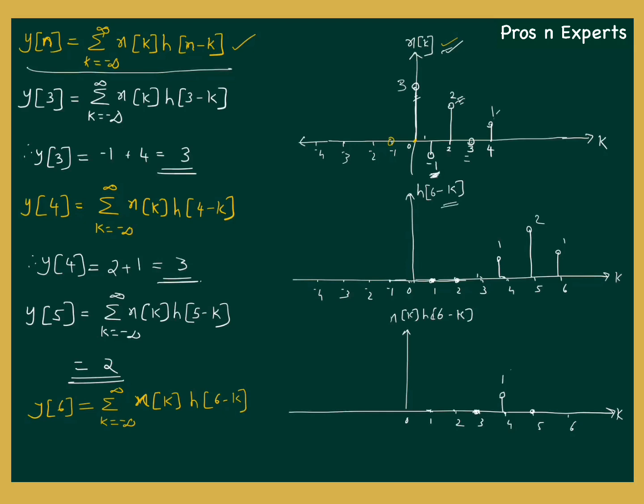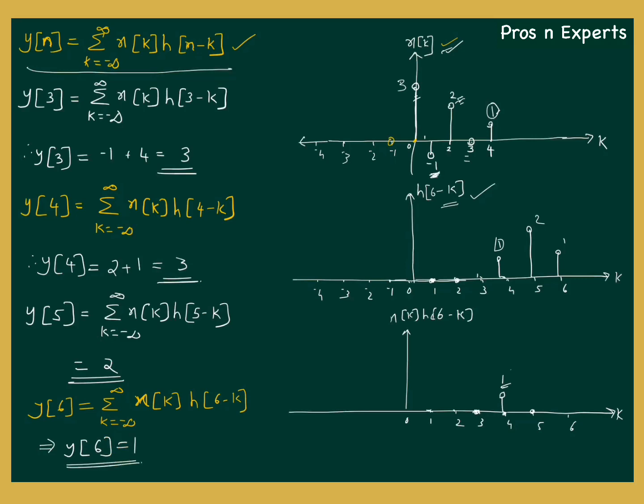X of k, then h of 6 minus k is obtained by shifting h of minus k by 6 units, or you can find it by shifting h of 5 minus k by 1 unit to the right. So you will end up with this signal h of 6 minus k. Now on finding the product of samples, we will have a sample only at k equal to 4. That is the product of 1 into 1, which is 1. Okay, so the answer y of 6 is equal to 1.